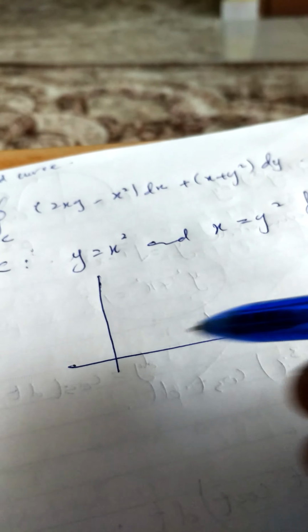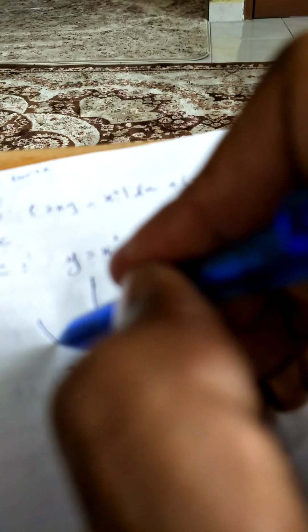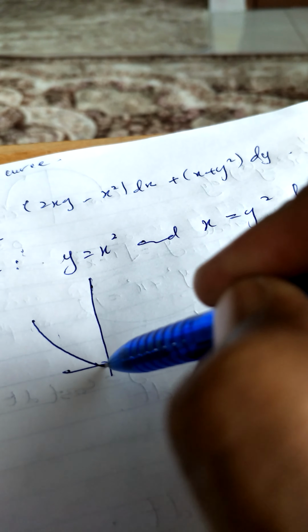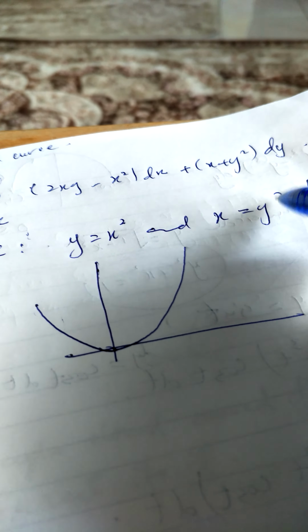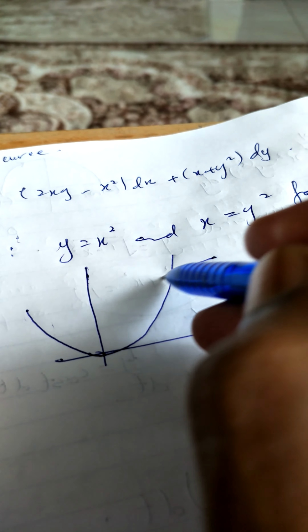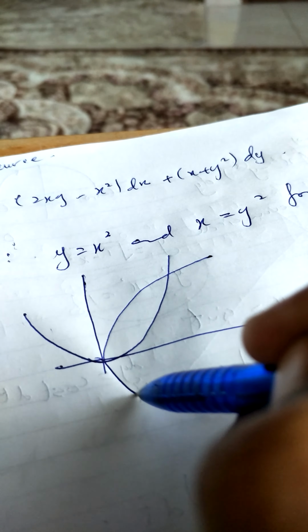So y equal to x squared is something like that. x equal to y squared is something like that.